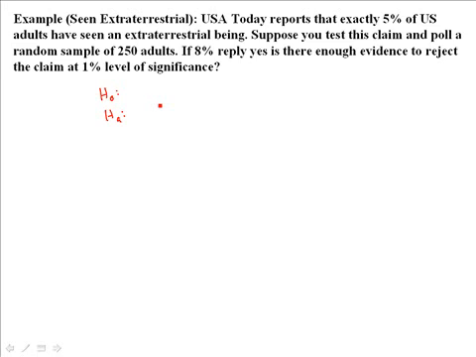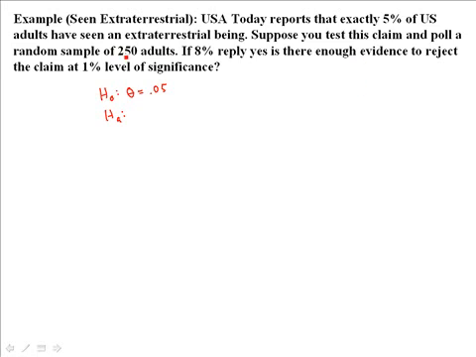Let's see what kind of hypothesis test it is here. USA Today reports that exactly 5% of US adults have seen an extraterrestrial. That gives me the population proportion I want to test, 0.05, so I'll label that theta as 0.05. Now it says to poll 250 adults.